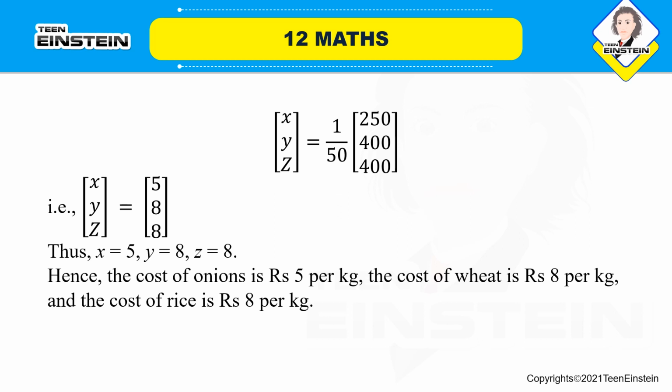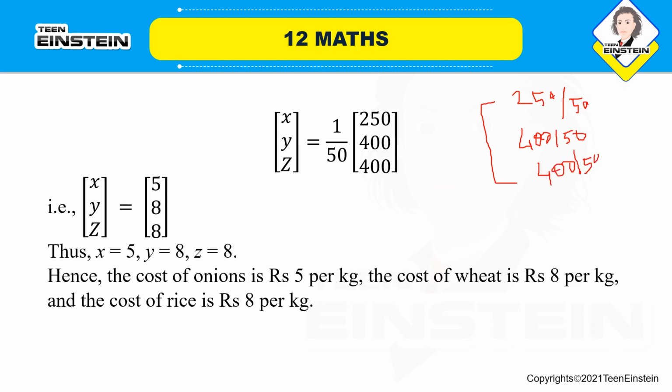Okay, bring this 1 by 50 inside. So you will be getting 250 by 50, 400 by 50, then again 400 by 50.